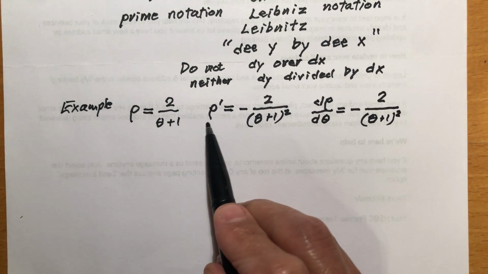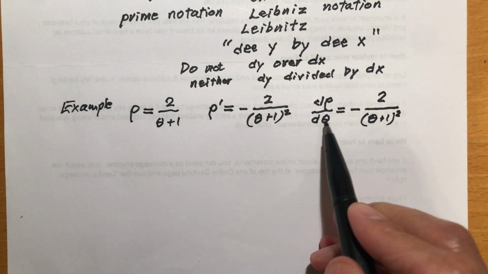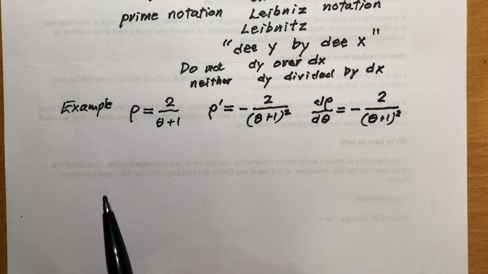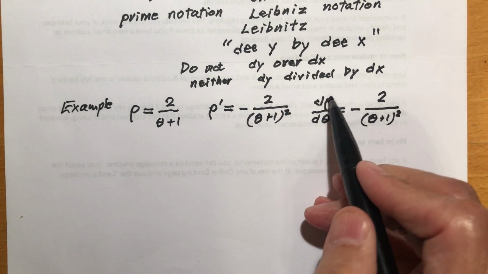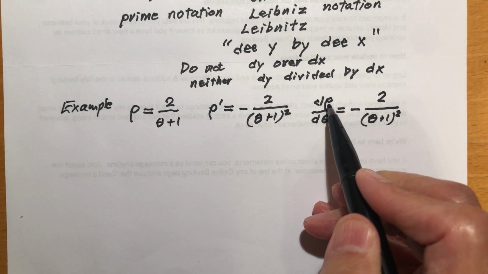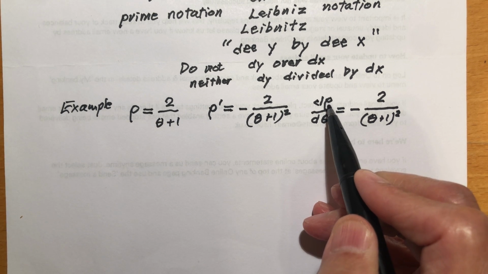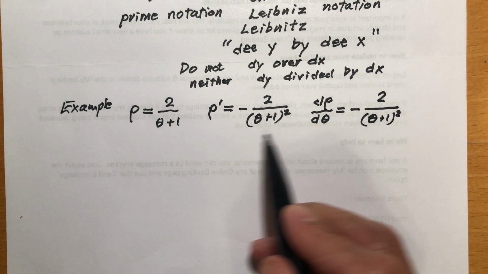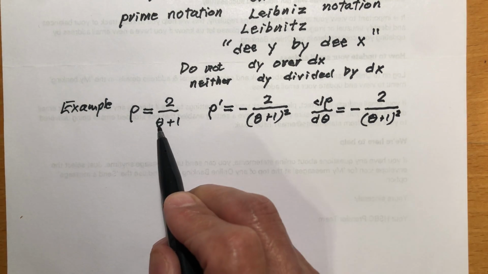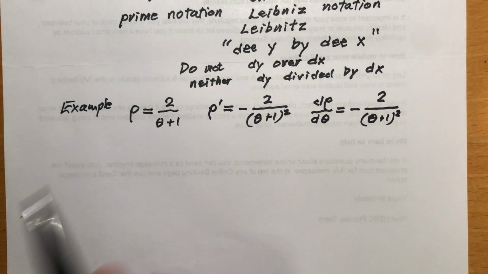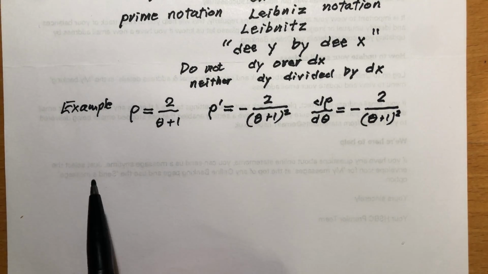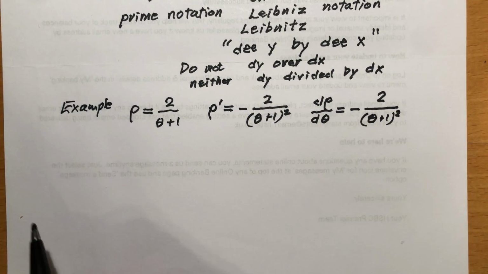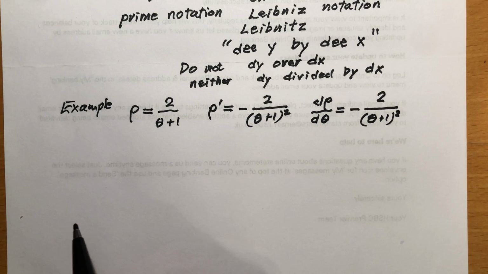Prime notation, Leibniz notation, it's the same thing. But remember, rho is a variable on the left-hand side of the equal sign. Theta is a variable on the right-hand side of the equal sign. So that's how you write your notation.